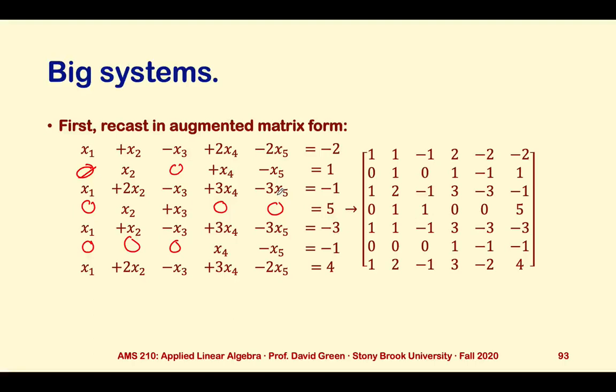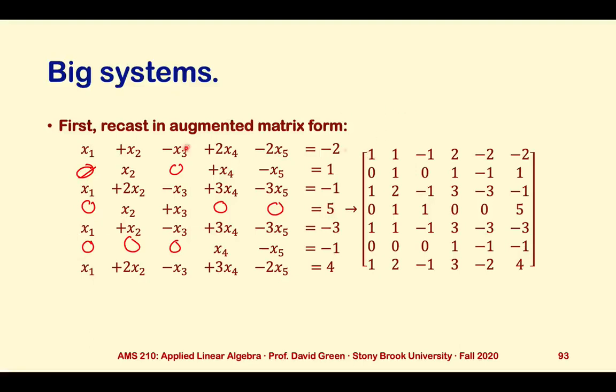Some people like to fill out augmented matrices column first. Some people like to do it in a row-oriented way. It doesn't really matter. I'll walk through this column by column to highlight how this works. Okay? So how do we fill in the augmented matrix? The coefficients for x1 are 1, 0, 1, 0, 1, 0, 1.